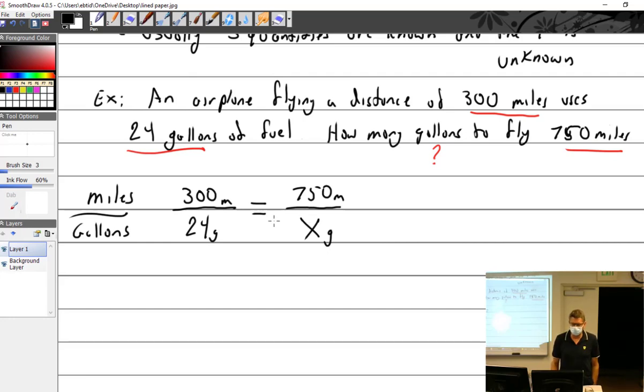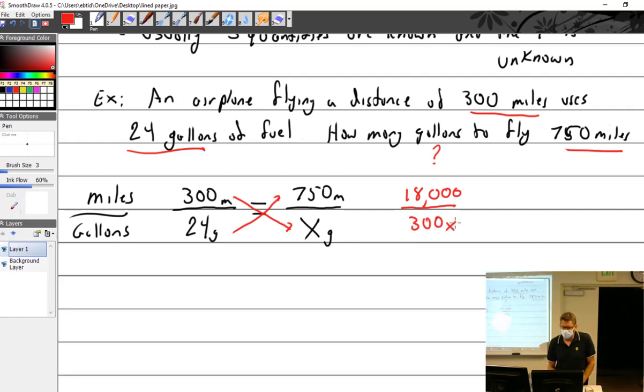To solve for X, we're just going to cross multiply. We're going to multiply these two numbers and these two numbers. So 24 times 750 equals 18,000. And 300 times X is 300X.